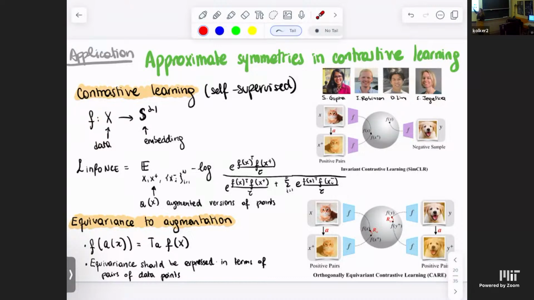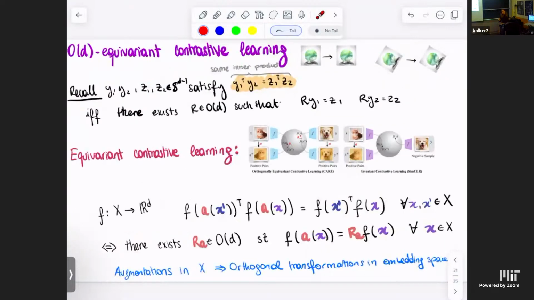But these transformations over here do form a group. So this is going to be approximate for sure. It's not going to be an exact equivariance because these augmentations do not form a group. And this is how you can see the power of this invariance used in this specific case.